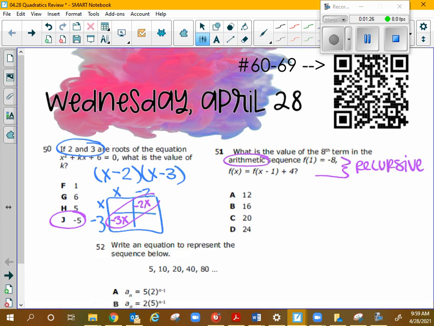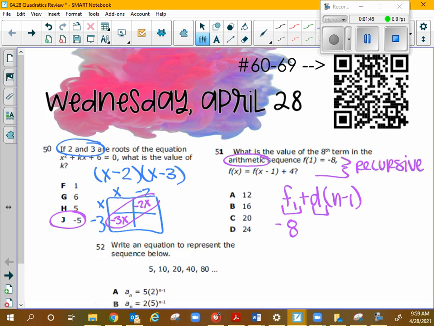If I'm using the recursive rule, I have to sit here and add 4 eight different times to get to the 8th term. Well, remember the explicit rule, if I just want to plug it in, is f of 1 plus d times n minus 1, right? So what's f of 1? Negative 8.